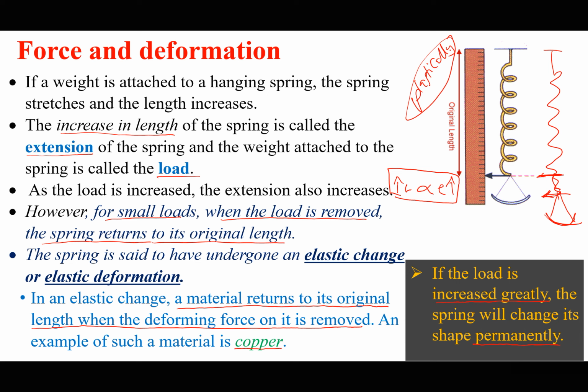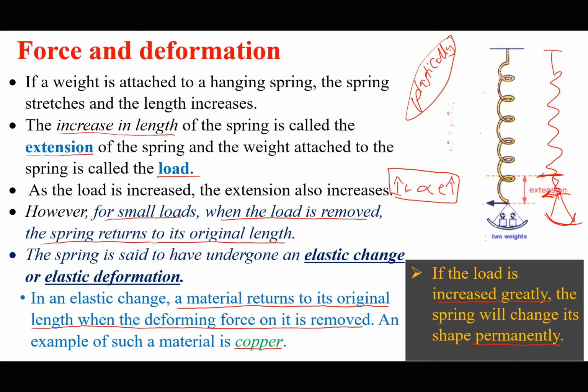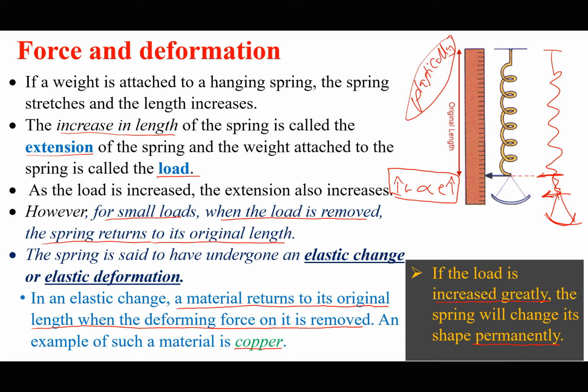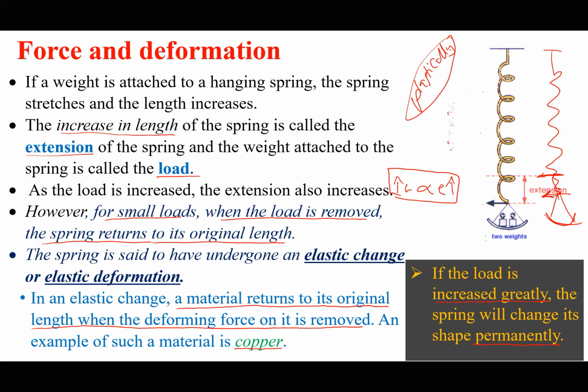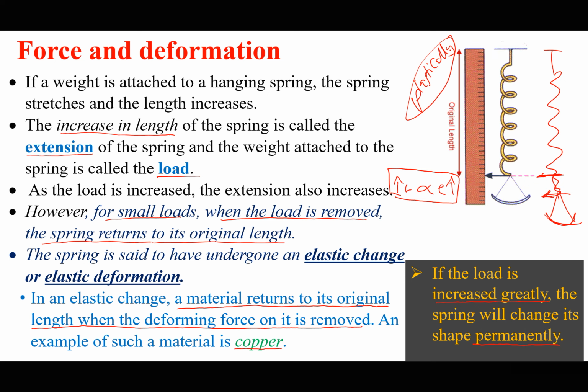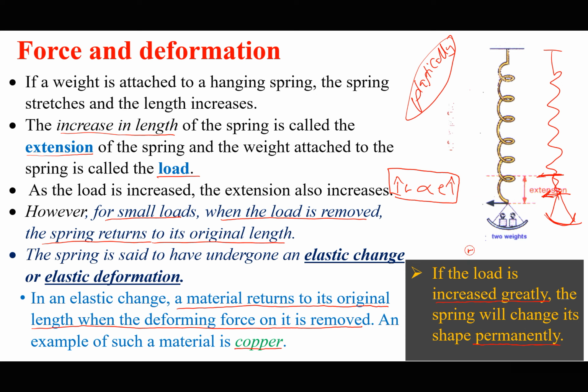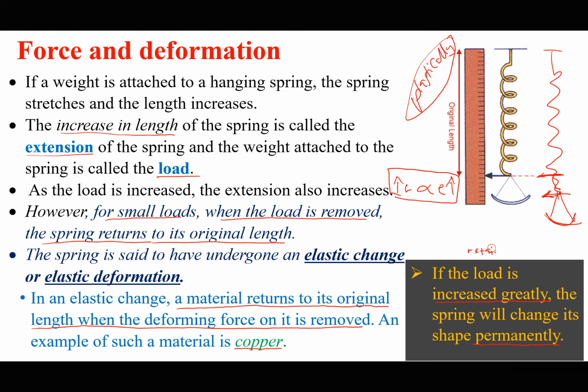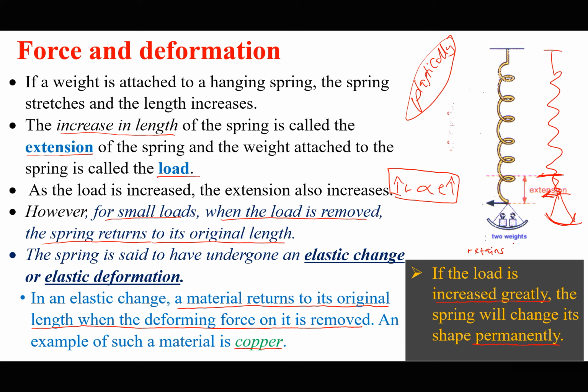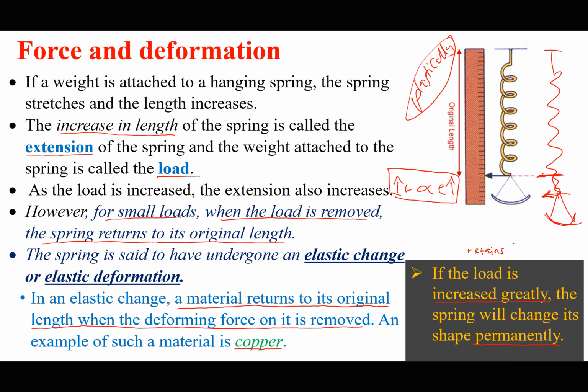If it is not elastically deformed, perhaps it is plastically deformed, because in that case, when the deforming force is removed, the material will not go back to its original length. We say it retains some extension, or it retains some deformation, even when the deforming force has been removed. That's what we shall call plastic deformation later on.